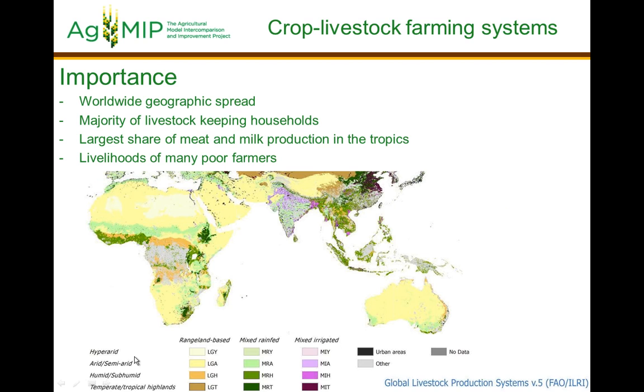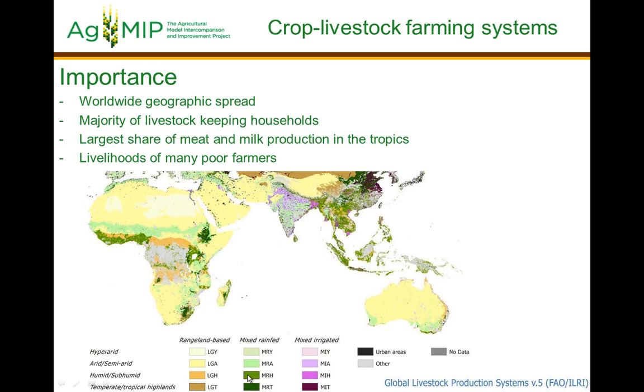Looking then at the importance of crop livestock systems, this map shows you the geographic spread across vast areas on the globe. We're focusing here on the regions that are also part of the AgMIP project.